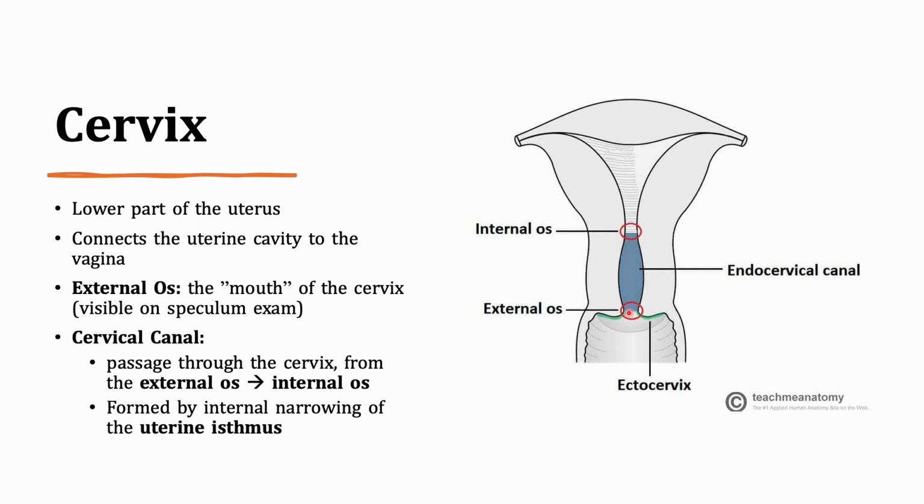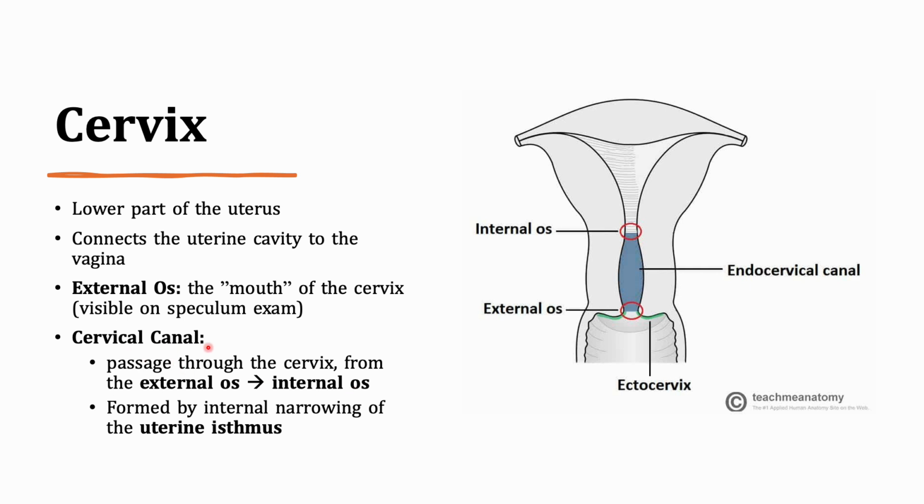When women, or females, go to the gynecologist and get a speculum exam done, whether it's a pap smear or just looking, this is what is visible on exams. So right when you open the speculum, you're going to see the external os.